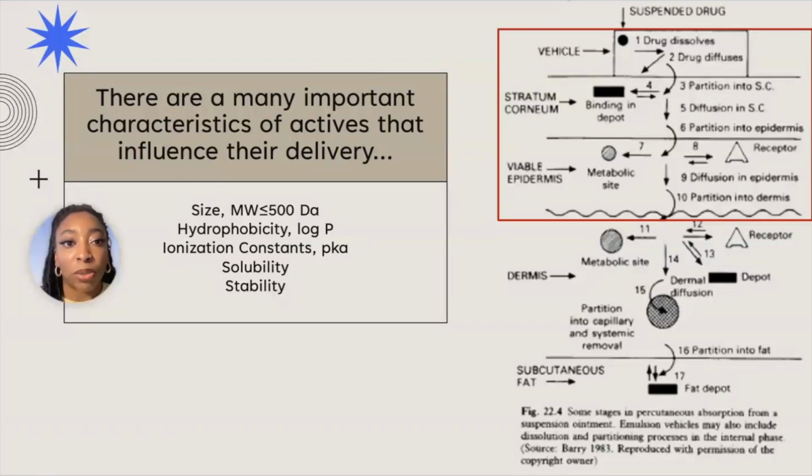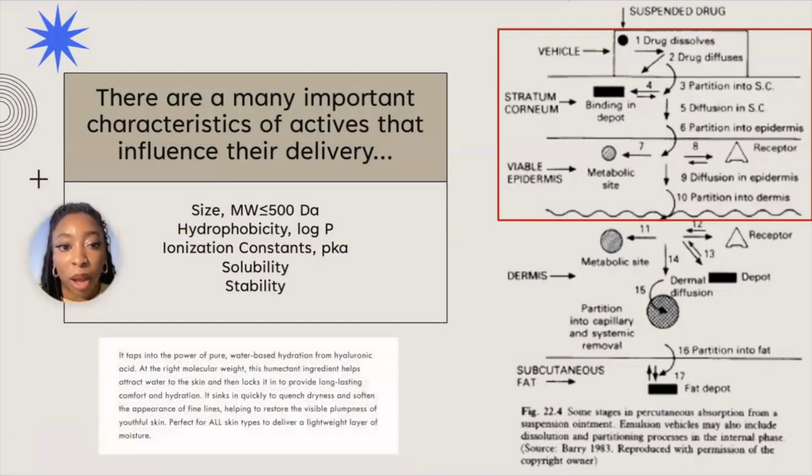Deliverability is the potential for a particular active to penetrate and diffuse through the skin. There are certain chemical characteristics of these active ingredients that influence their deliverability: size, hydrophobicity, ionization, solubility, and instability. I want to point out size because it's generally accepted that molecules over 500 Daltons are not deliverable through the skin.